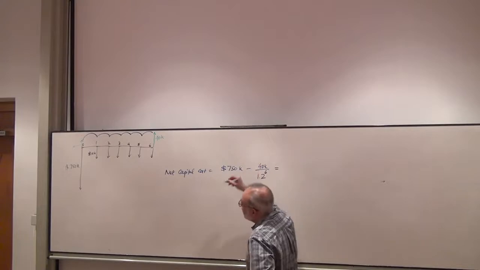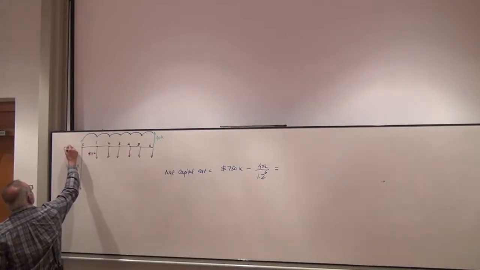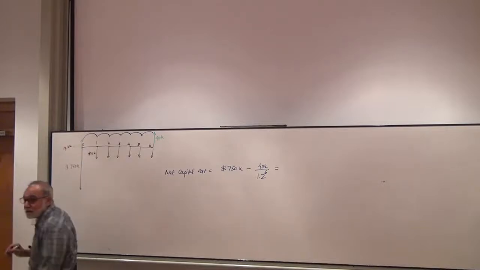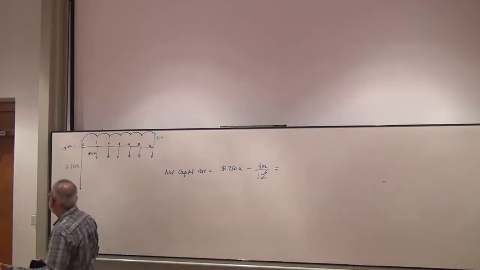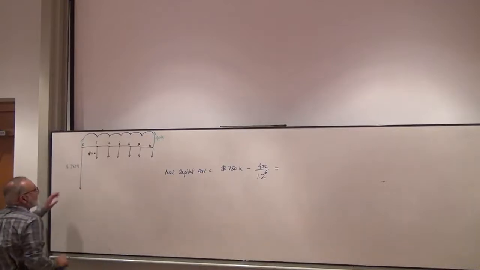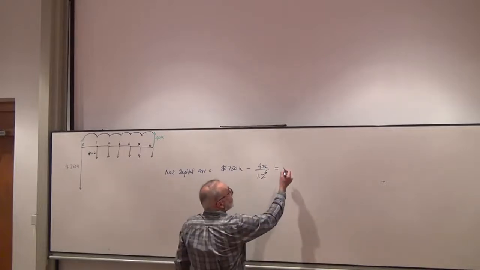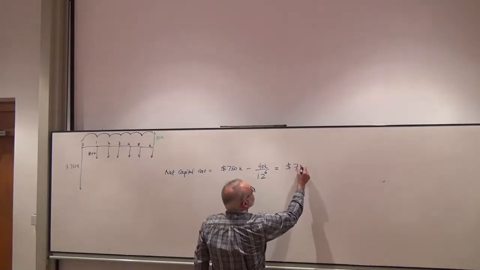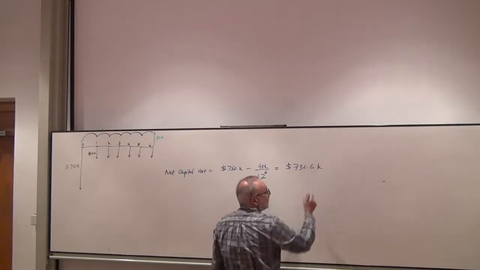This is 13.4k. This is the total. 750 is already there. 736.6, $736.6K.